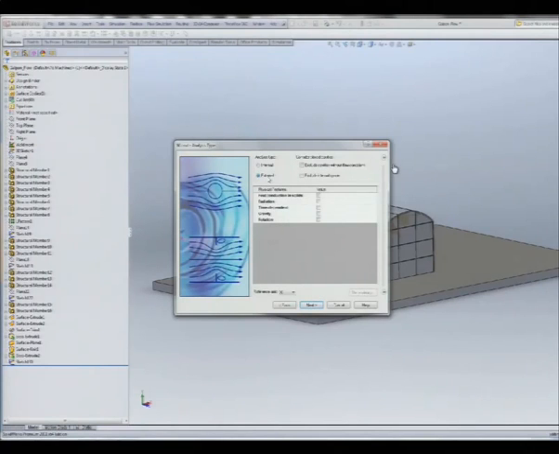This wizard is very easy to use. There is not any secret. Right now, this is important because I have to select between internal or external conditions. Internal means when I have a pipe and I have to analyze a flow inside the pipe. In this case, it's external. Why? Because I have the building and I have the flow acting around the building. So this is external.